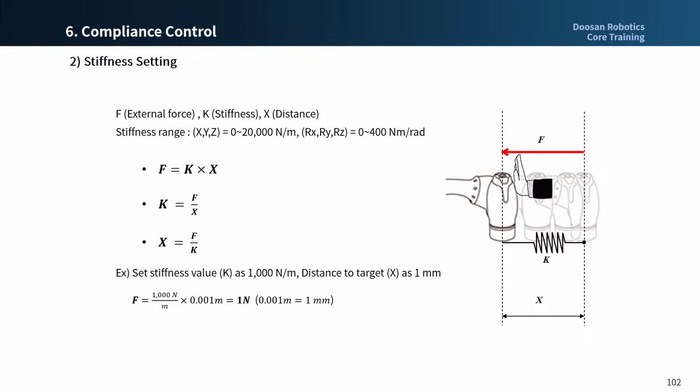And the following is how to set up the stiffness. So divide the stiffness by the distance unit of the external force, and then input the spring constant.